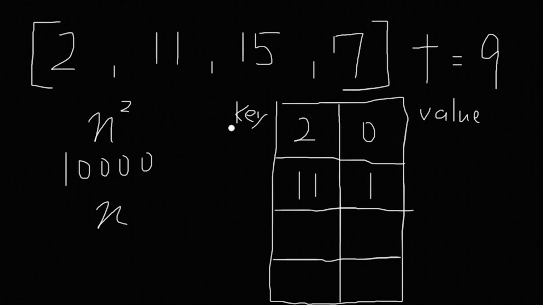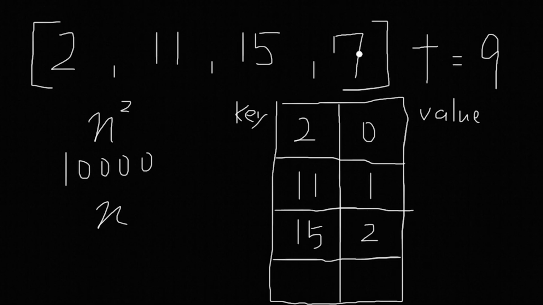Then move next, 15. The target is 9 again, and 9 minus 15 is minus 6. I look for minus 6 in the hash, but there is no minus 6. In that case, add 15 as a key and the current index 2 as a value.